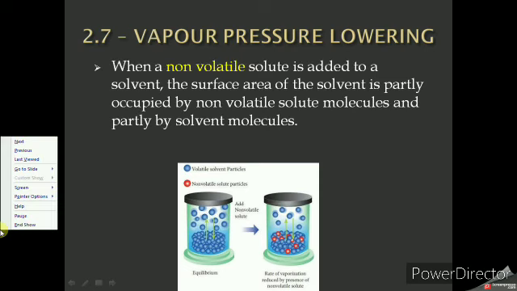Vapor pressure lowering: when a non-volatile solute is added to a solvent, the surface area of the solvent is partly occupied by non-volatile solute molecules and partly by the solvent molecules.